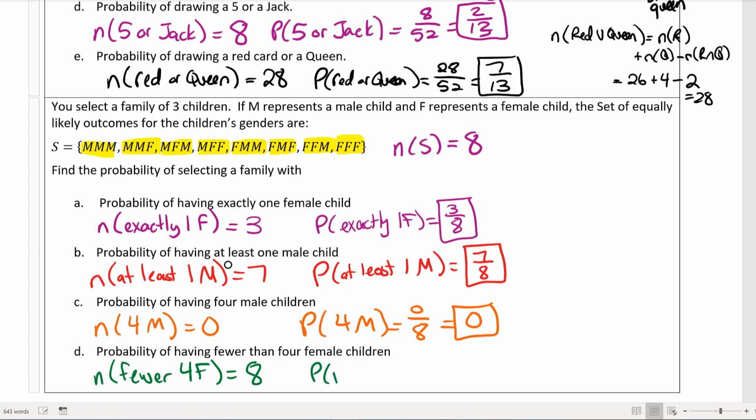So the probability of fewer than 4 females, if we're talking about a family of 3, is going to be 8 out of 8, which is equal to 1, which is a complete certainty. You will have fewer than 4 because you're only talking about families of 3.